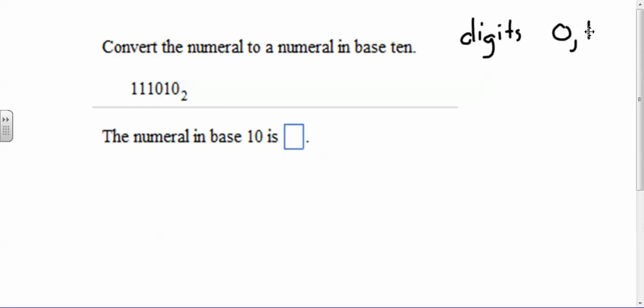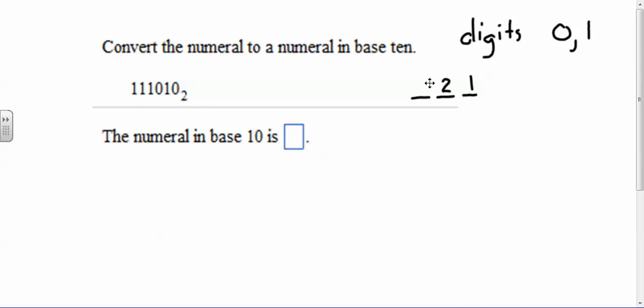Unlike a base 10 system where our place values on the right would be 1 and then 10 and then 10 squared, which is 100, and then 1,000 and so on, the place values in base 2 from the right would be the ones, and then here we have the groups of 2.